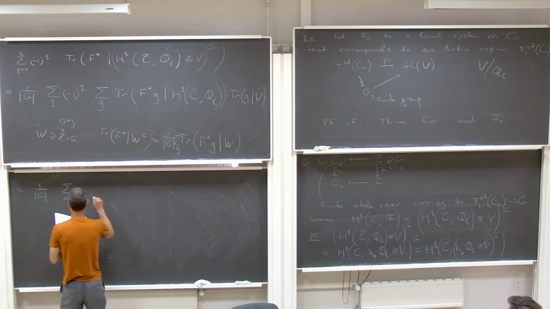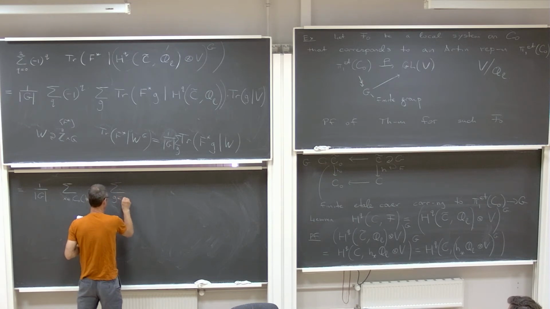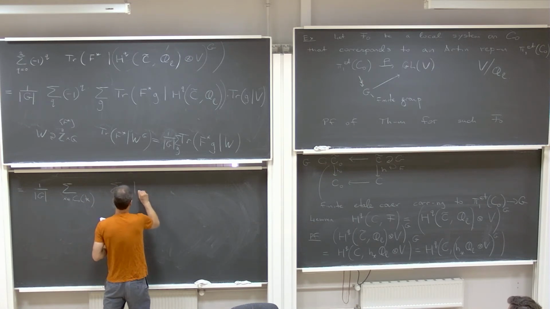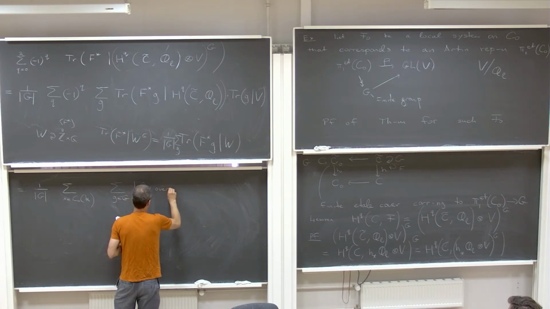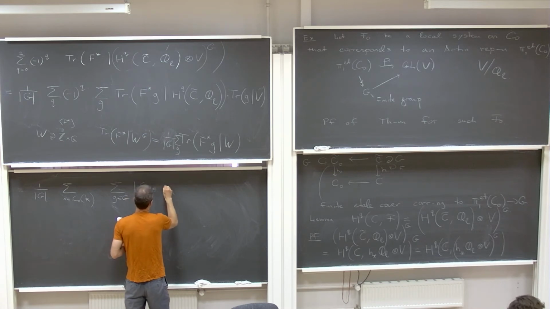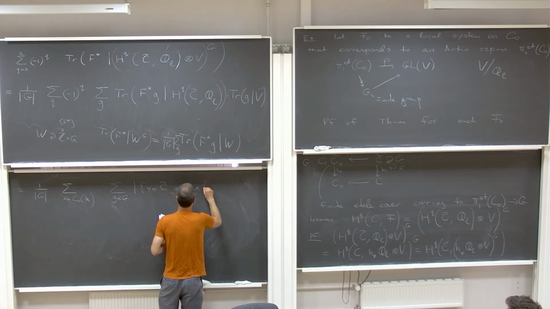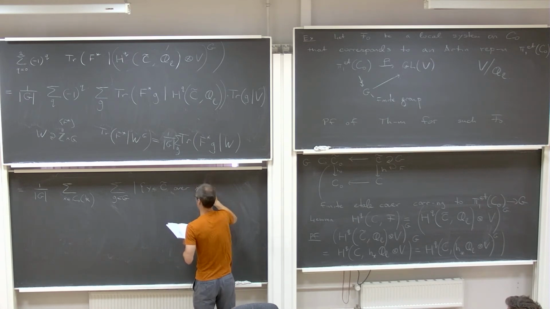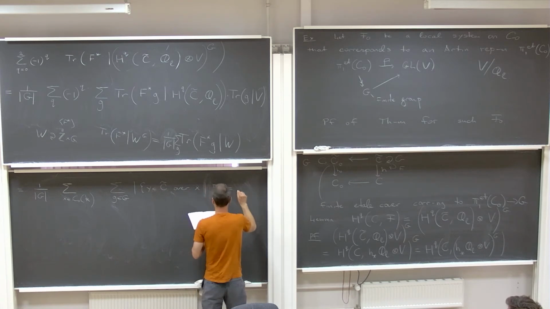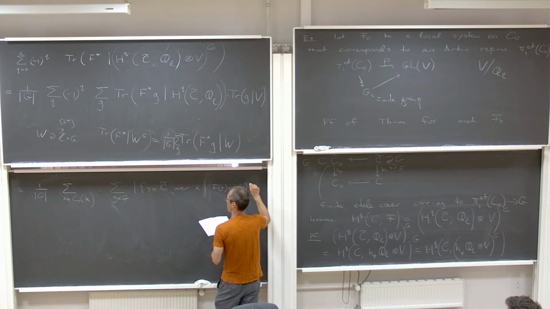So that's going to be the sum over all g in G of the number of points y in C tilde over x such that Frobenius of y is equal to g of y, right?